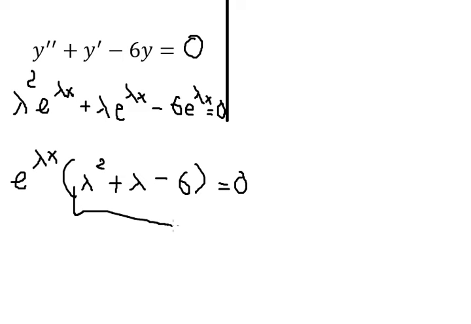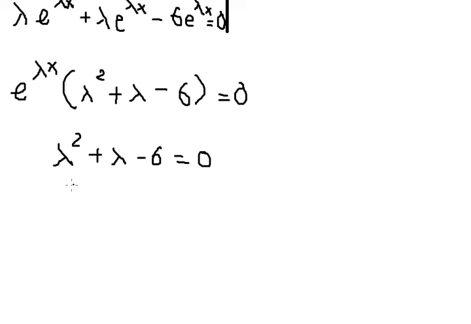Now we put this one equals number 0, and now we need to find the solution of lambda. So we have number 2 and negative number 3.